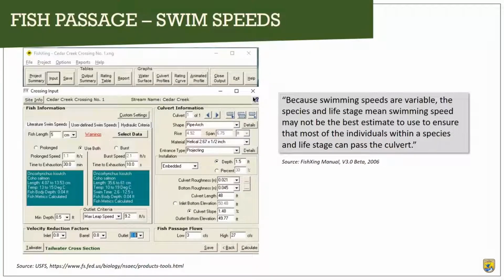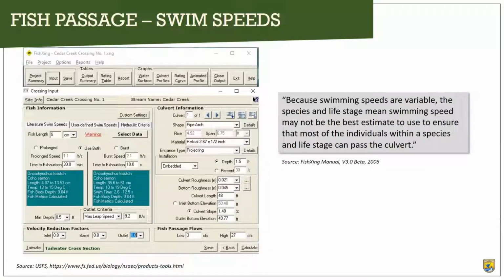The bottom line is using fish swimming speeds that are determined in a lab under unnatural conditions is probably not a great way to predict if a life stage and species of fish will be able to pass through a culvert. And we also heard from Franklin's presentation that regression equations can have large degrees of inaccuracy.